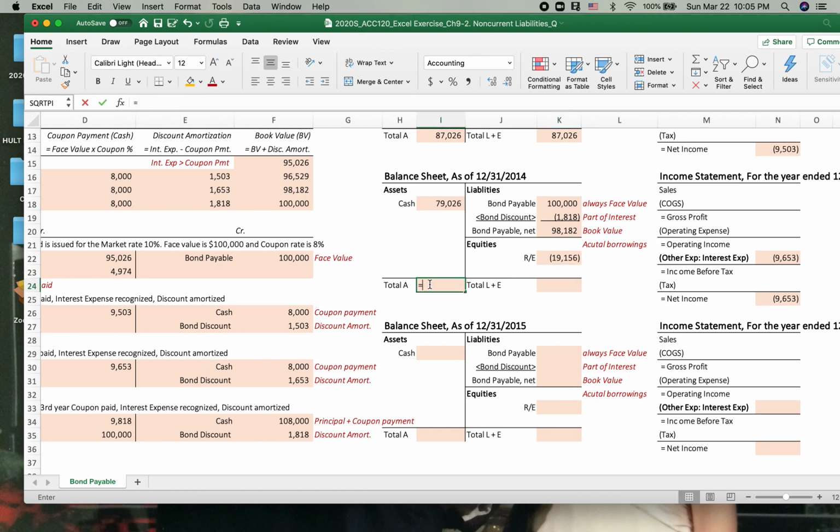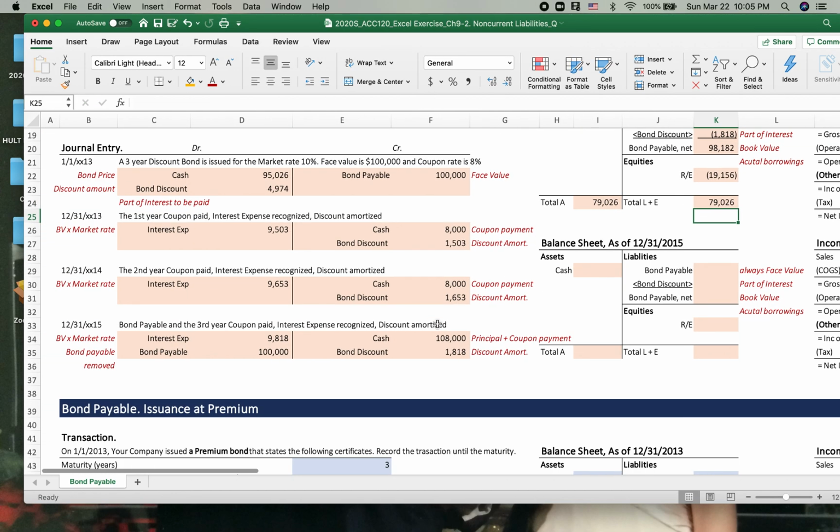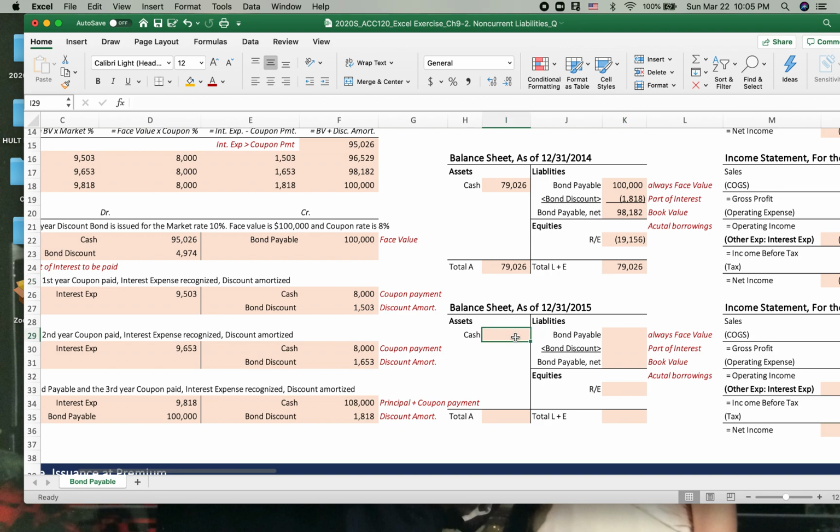So let's make sure that we matched between the total asset and total liability and equity. Perfect. The final year transaction, also we should start from the ending balance of the prior year on the balance sheet.